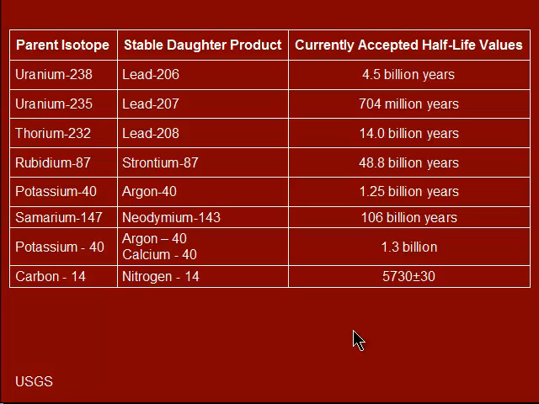When you want to date something that happened a long time ago, say the formation of the Earth, we want something with a much longer half-life. Something like uranium-238 or rubidium-87 would be two good methods of dating. Or maybe even thorium-232 would be a good one, because these have very, very large half-lives.